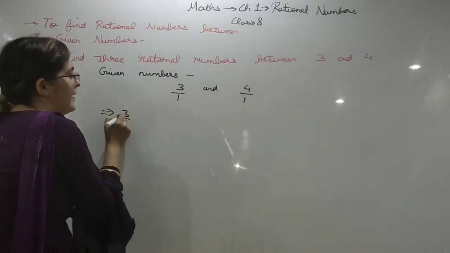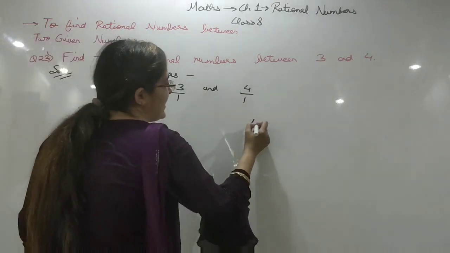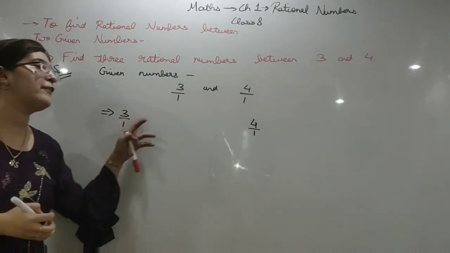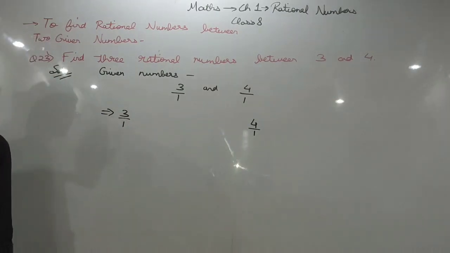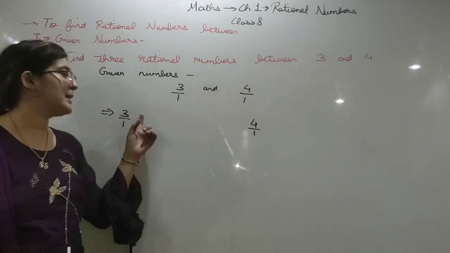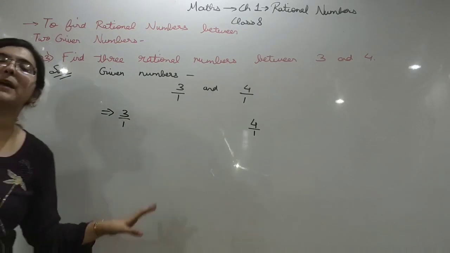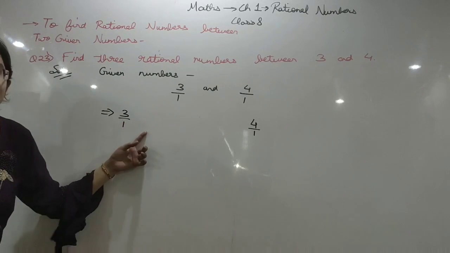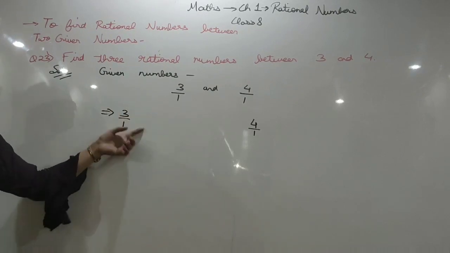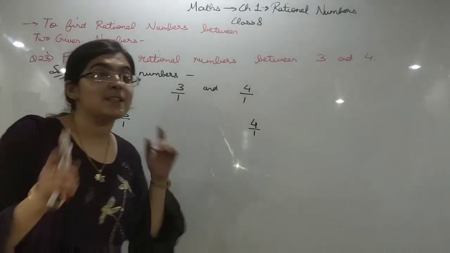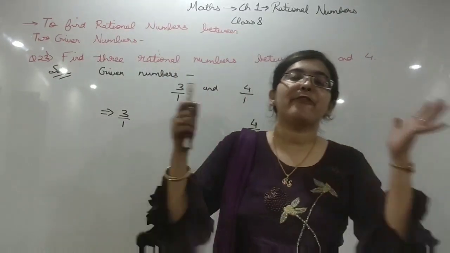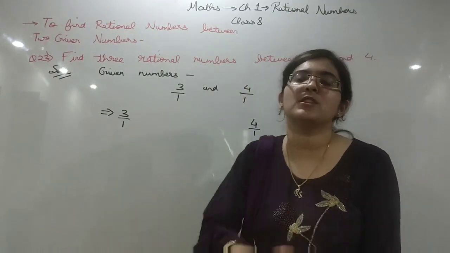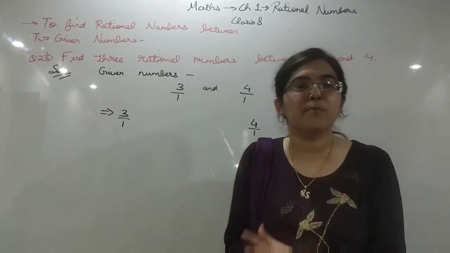Your next step will be to write 3 by 1 on one side and 4 by 1 on the other side. Now you cannot find any rational numbers between them. For this you have to multiply and divide by any number. You can multiply and divide by 7 or 8 or 4, any. That's why I was saying that there can be infinite rational numbers. For such questions, students, don't check your answer from the back of your book.